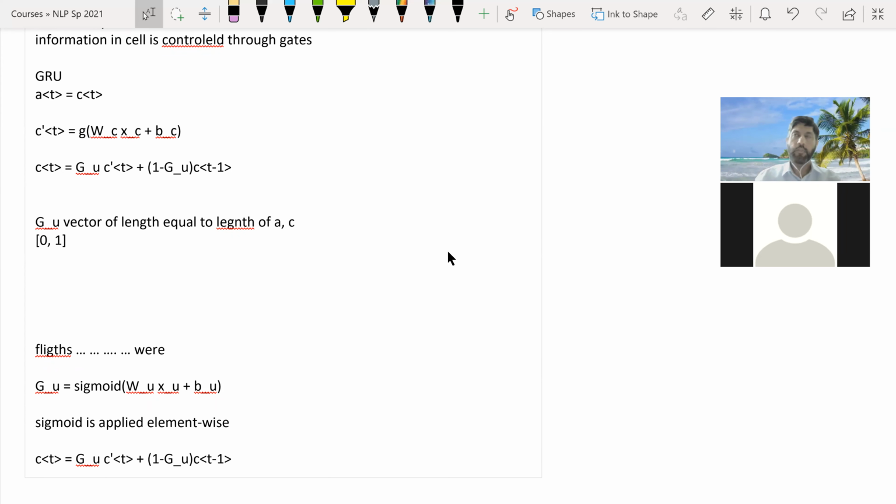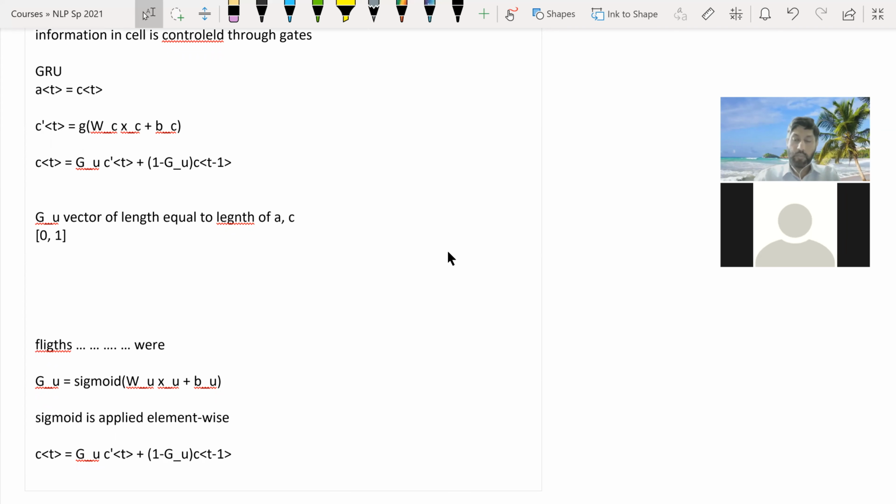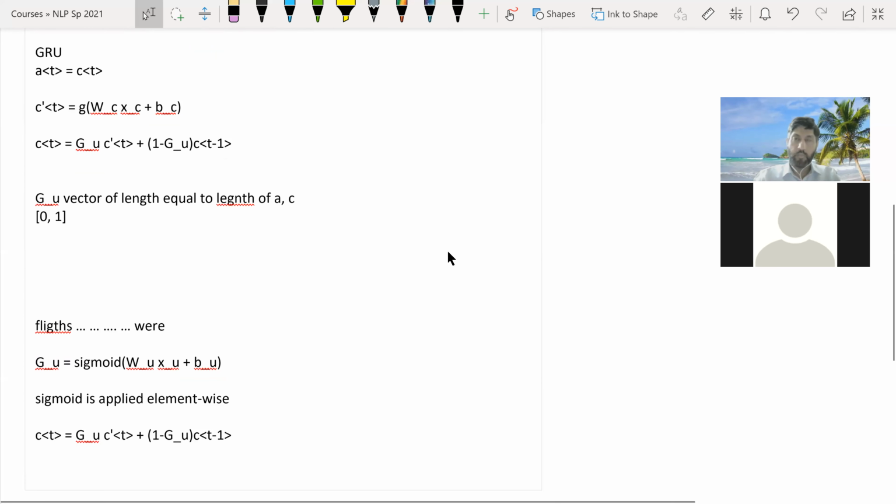C prime, of course, is also learned adaptively and is the candidate value for the current time step. And then, of course, CT minus 1 is the memory at the previous time step. And the gate then controls each of those values of the vector C prime and C to decide what to pass on to the current time period. Okay? And then, of course, as I said before, the actual output of the GRU is equal to CT.